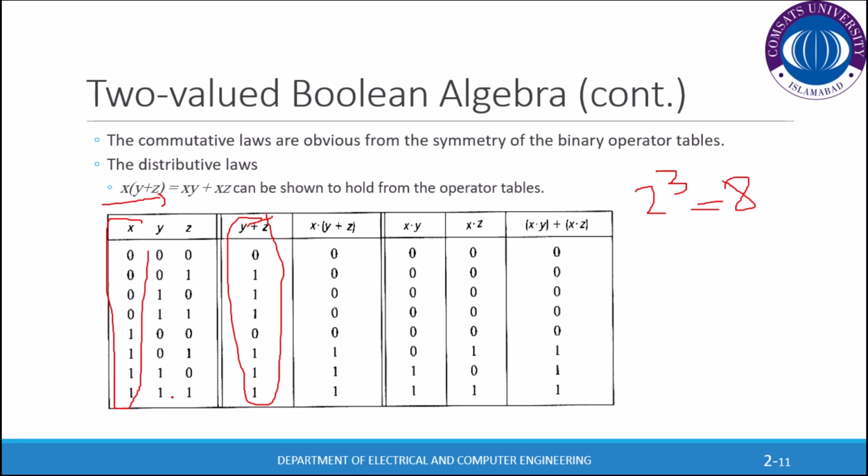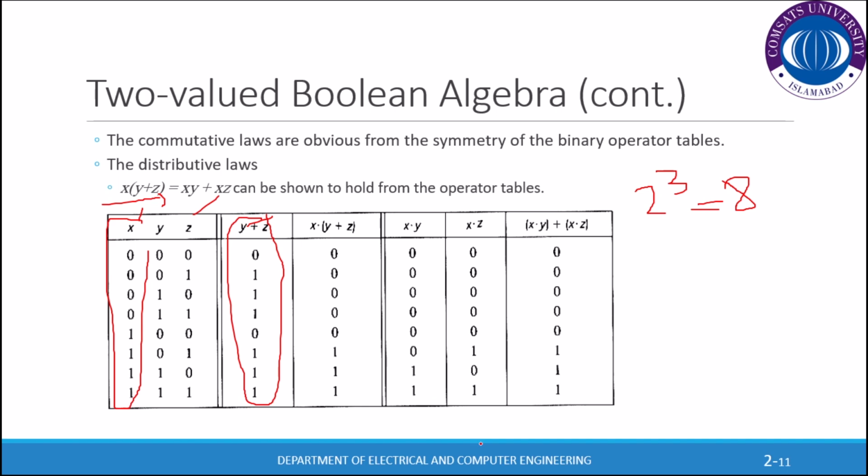So only these last two combinations have both of them as 1, so our output will be 1, otherwise all of it is 0. Then we'll calculate x dot z. We'll apply the multiply operator on it. Again the same process: if any one of x and z is 0, we'll get a 0 output. We'll only get 1 when both of them are 1.